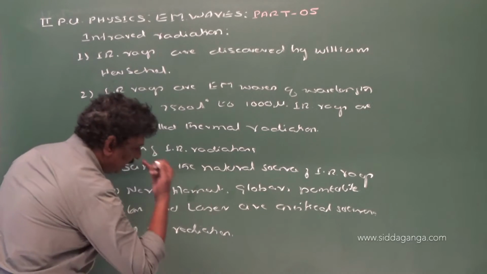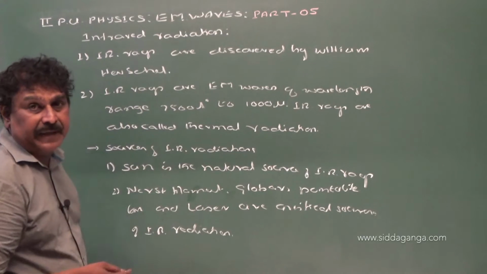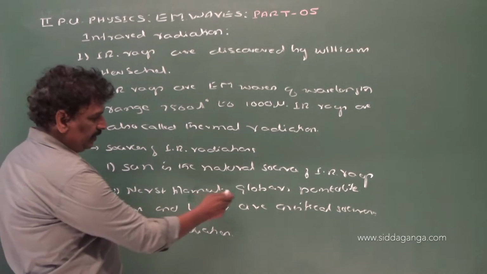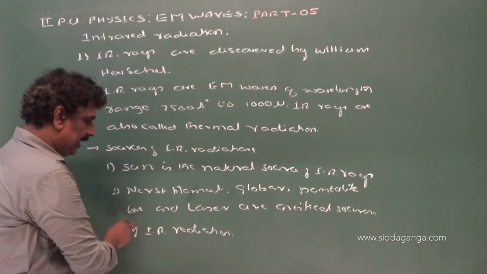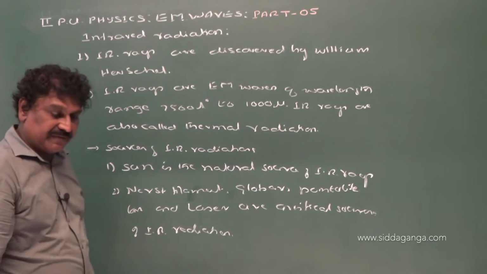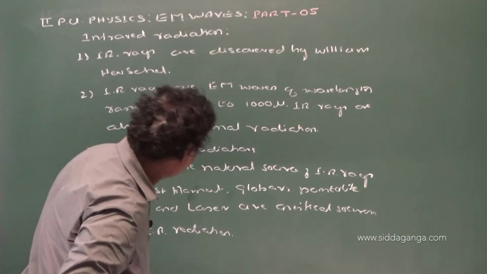So infrared radiations are naturally emitted by the sun, but Nernst filament, globe or point to light lamp, laser etc. are artificial sources of infrared radiation.